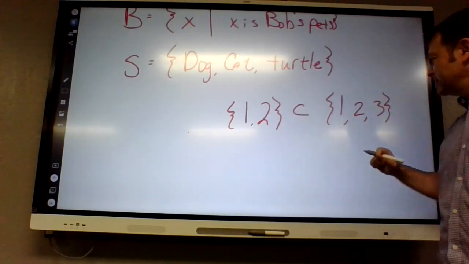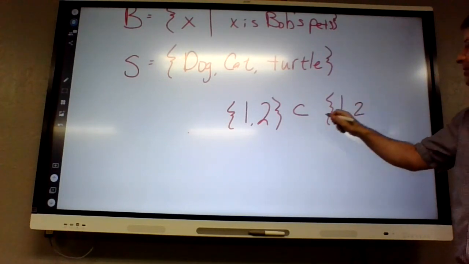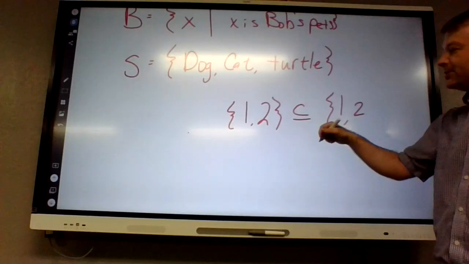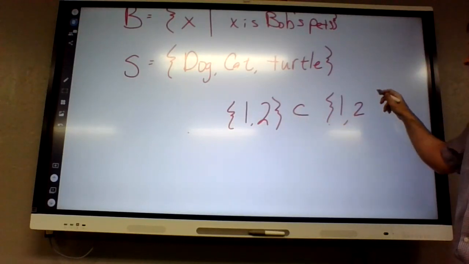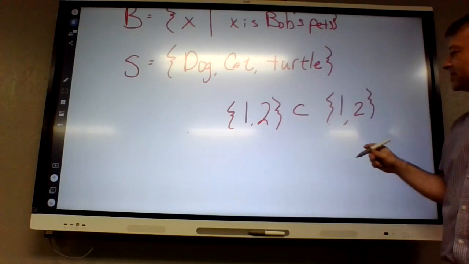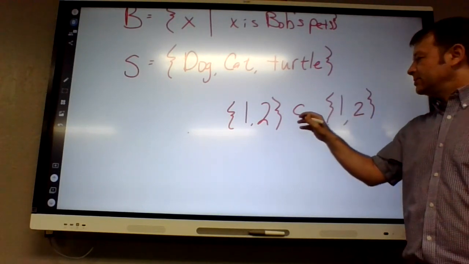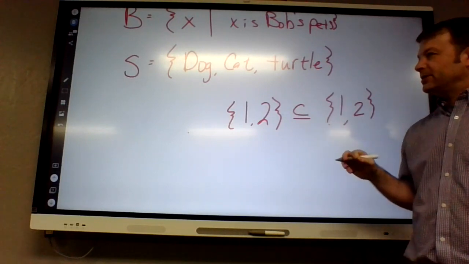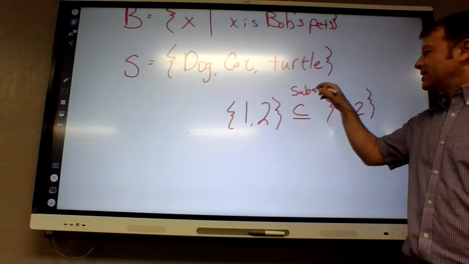Yes, because it's less. This basically means equal to, and when you take that out, it's called a proper subset. Is this a proper subset? No. It has to have the equal to line on that. Why is it not? Because they're the exact same thing.